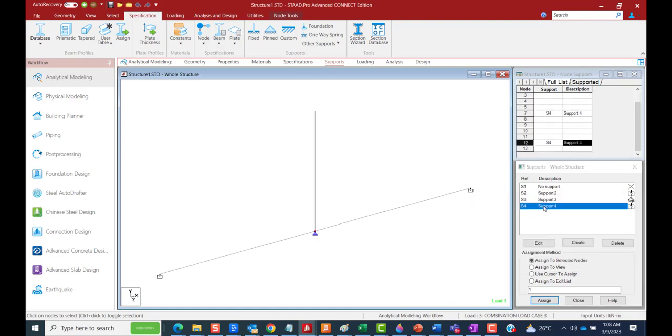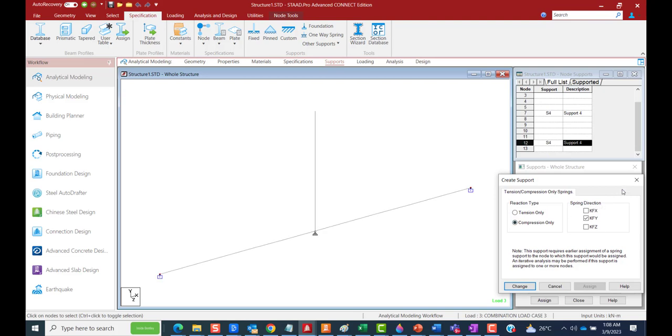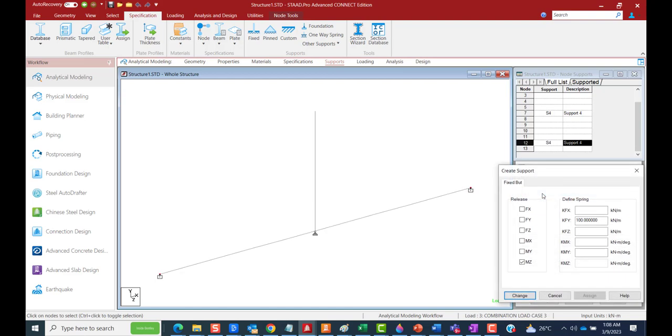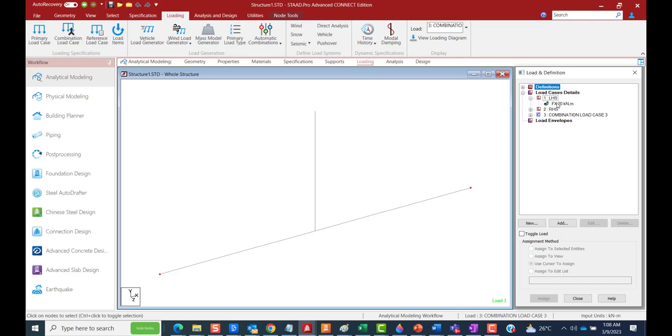You can see these are the compression only springs, and we have applied some values of spring stiffness at these two. And we have applied the lateral load at the tip of this cantilever column with a magnitude of 20 kilonewton in one case, and in another case the same value but acting in the opposite direction at the same point. And we are going to see what the structural response is.